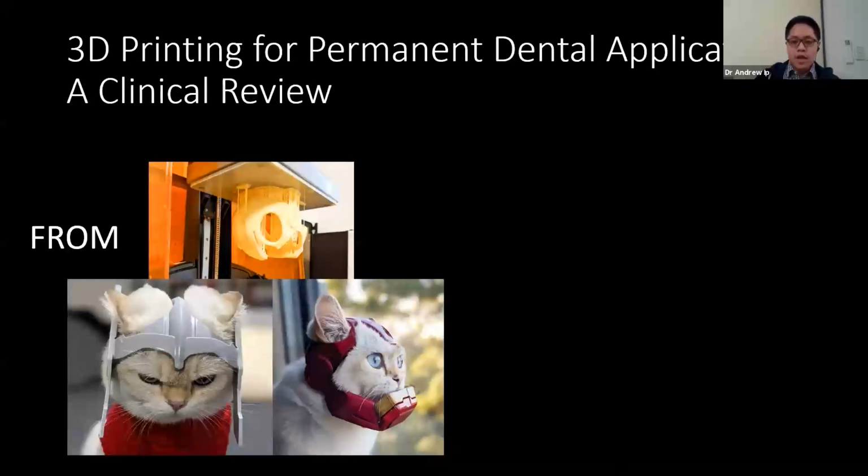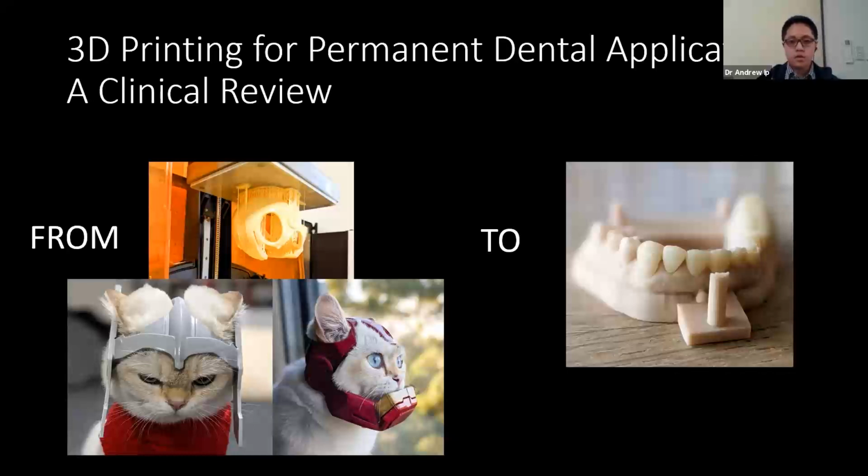The aim today is to get from a hobbyist perspective, where I came from, to something like this. The model is printed in the Asiga dental model, and those temporary crowns are printed in, I think, Nextdent crown and bridge micro hybrid. We'll go through that later.